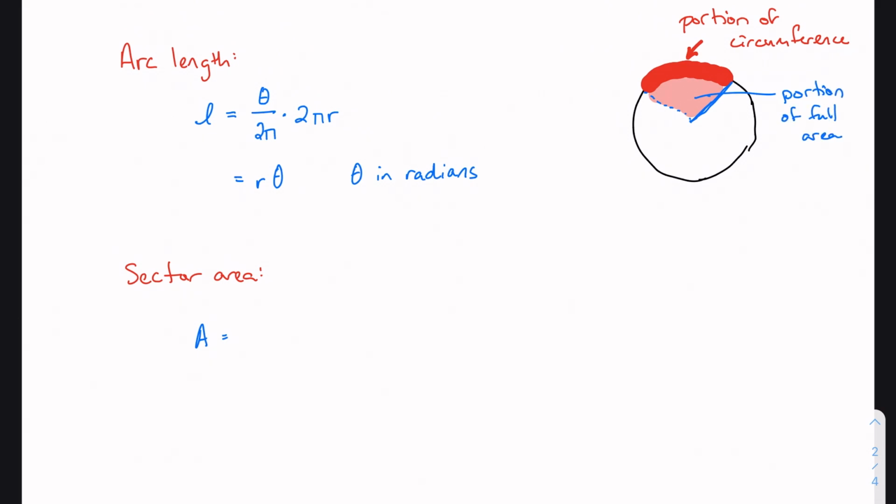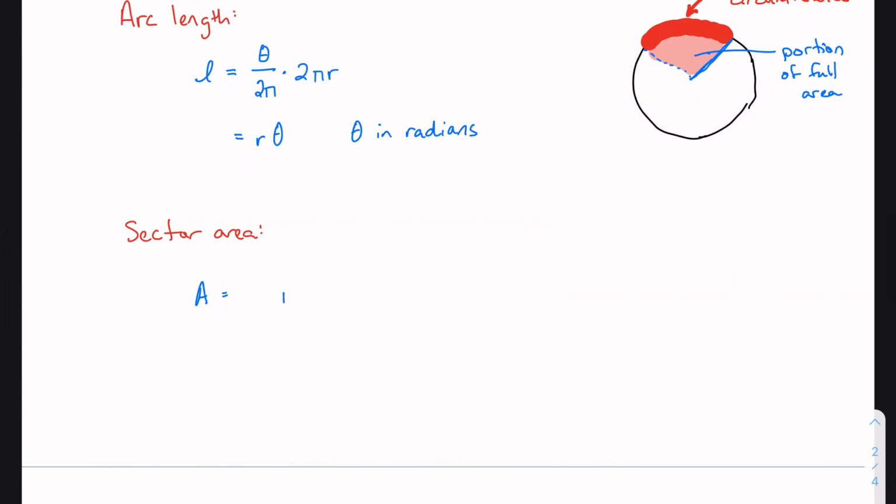We know our full area is pi r squared. And once again, I'm taking some percentage of the full revolution, 2 pi, and that's my angle theta. So there's some angle theta here. Of course, you might see again that this can be simplified to 1/2 r squared theta, and once again, theta is in radians.